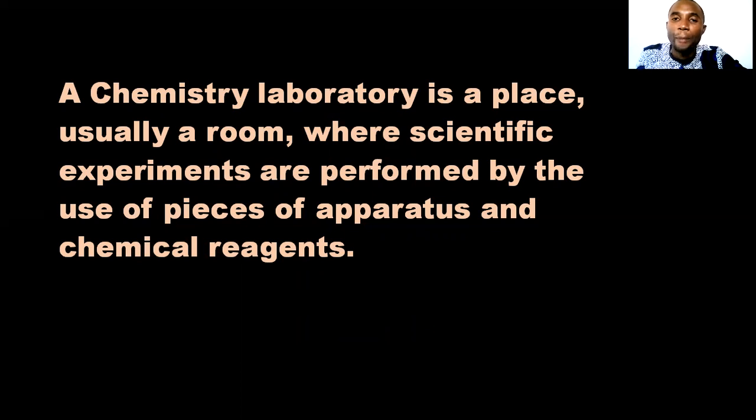Apparatus means the equipment, and reagents are the chemicals. Where we do such things, we call it a chemistry laboratory, or in short form, chemistry lab. We perform scientific experiments in such a place.